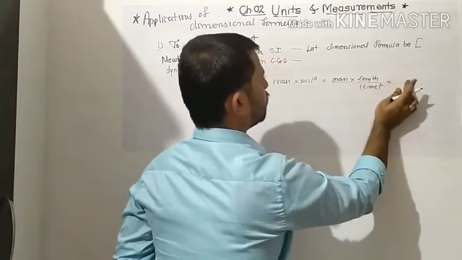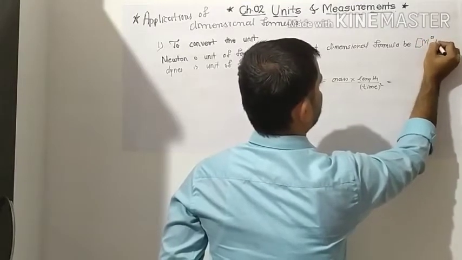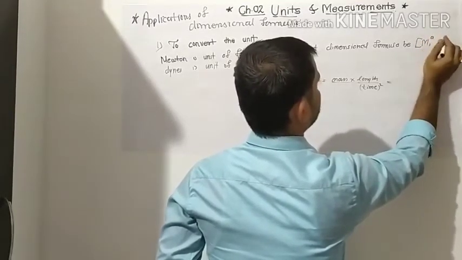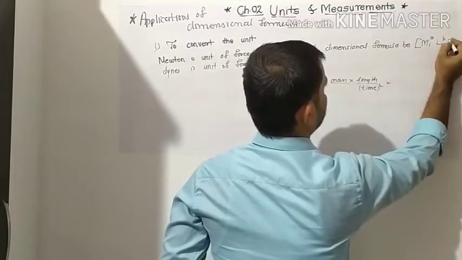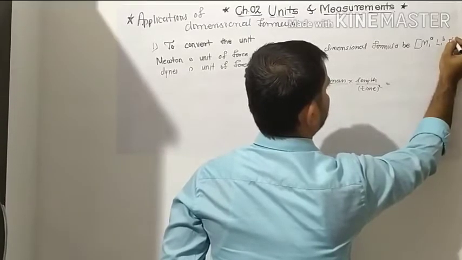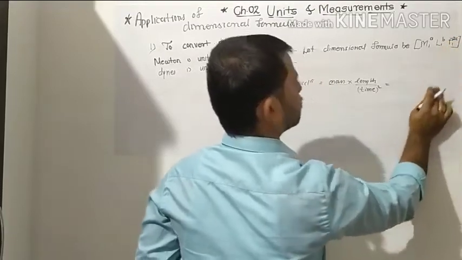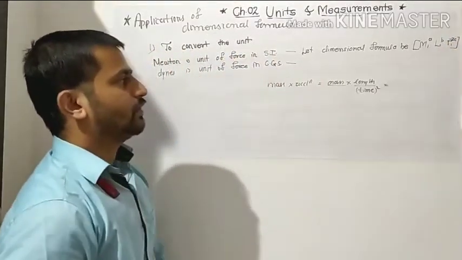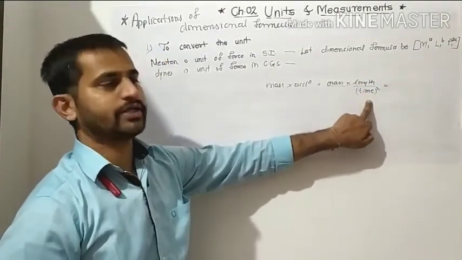So the dimensional formula will be M1 raised to a, L1 raised to b, T1 raised to minus 2c. Okay, because M raised to 1, L raised to 1 and T raised to minus 2.